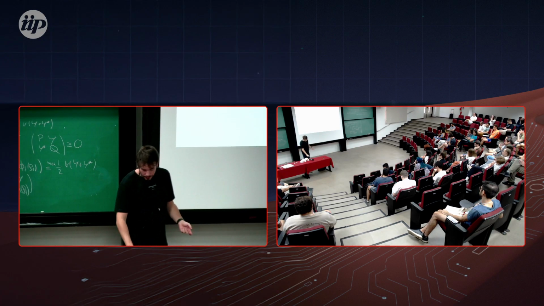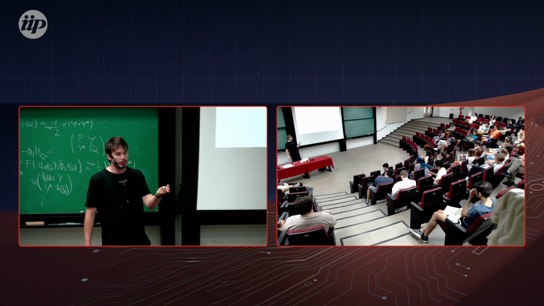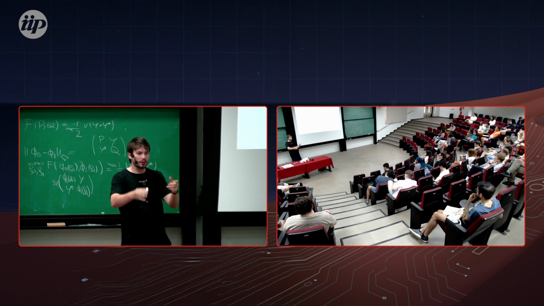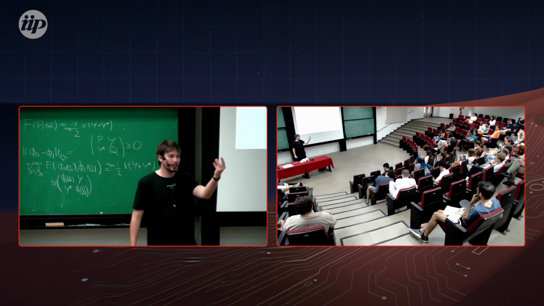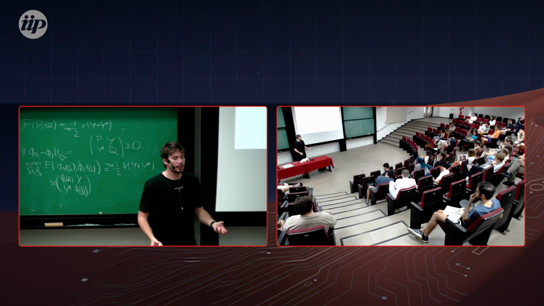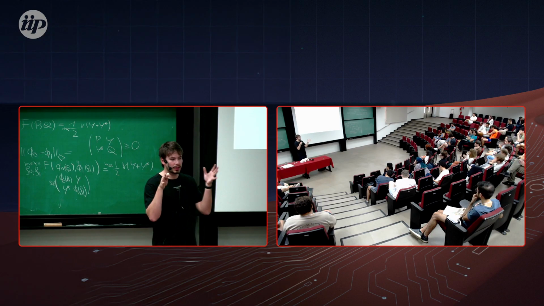It turns out that the right notion there is also the diamond distance between the two channels. So if you look at the idealized implementation of your gate and the noisy one, the correct way to quantify how noisy this is is by looking at the diamond distance.